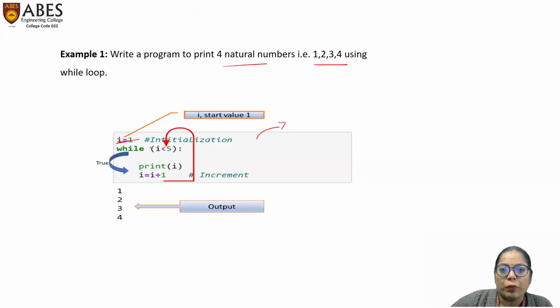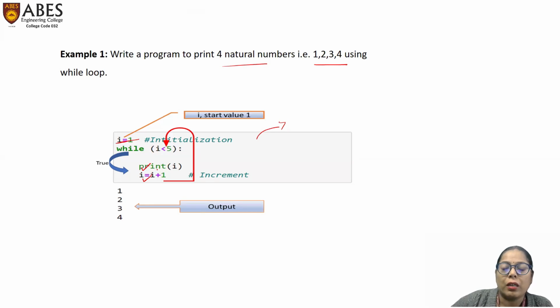Now while, within parentheses, we are checking the condition i less than 5, and at the end we have written a colon. Then we will print the statement if this condition is true and after that it is incremented also. Two parts are being done: one statement is executed and then it is incremented.